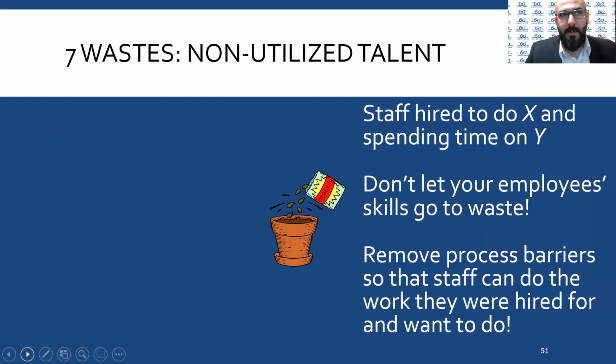And that's why we're overwhelmed by doing other things. Do not let your employees' skills go to waste. Remove process barriers so the staff can do the work they were hired for.